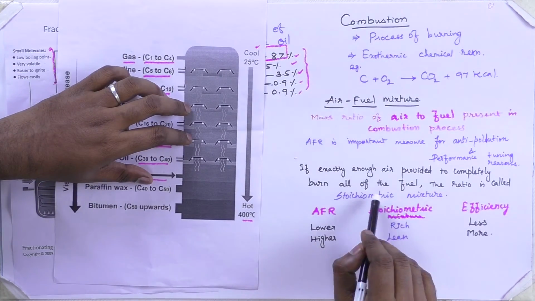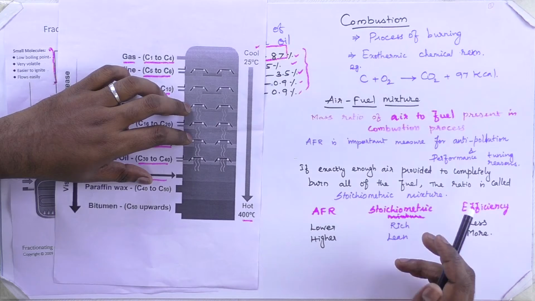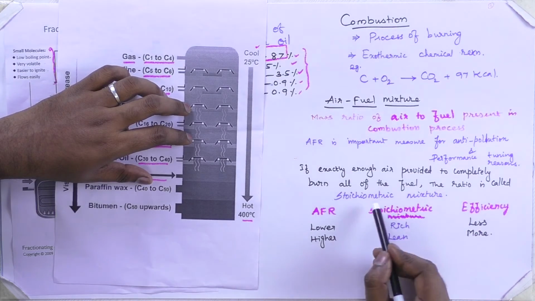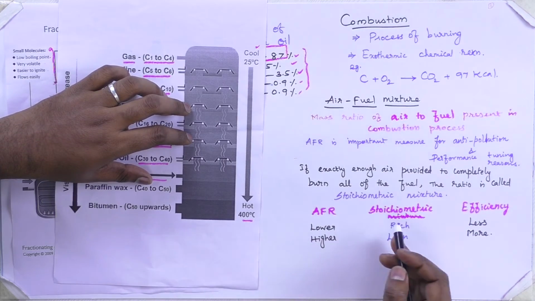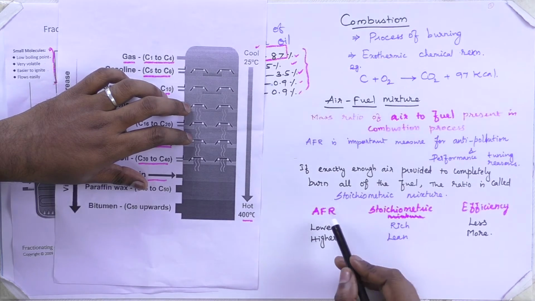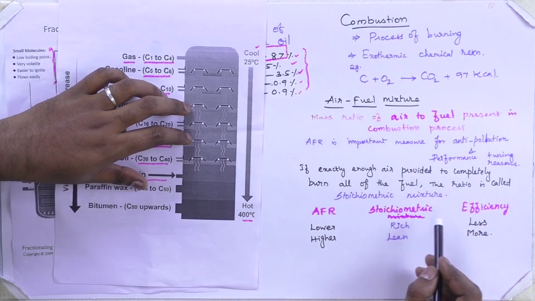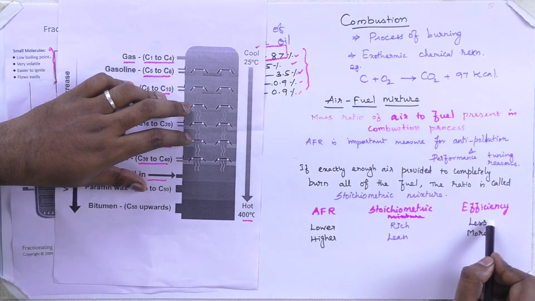So we have to know that in those cases, the stoichiometric ratio and the stoichiometric mixture are mainly useful. By the combination of air fuel mixture and stoichiometric ratio, we may find out how the efficiency will be. To summarize, if the air fuel ratio is lower, the mixture is a rich one and the efficiency will be somewhat less.